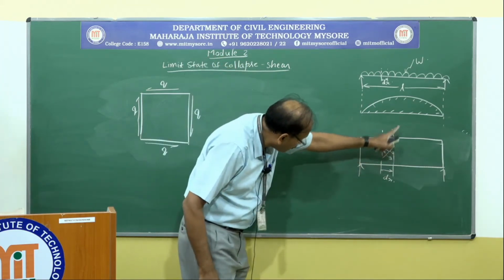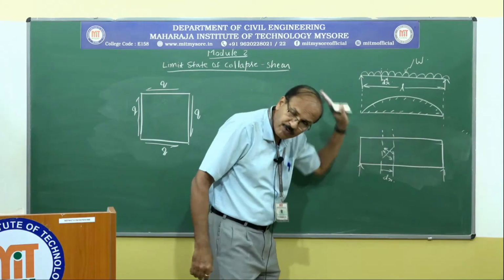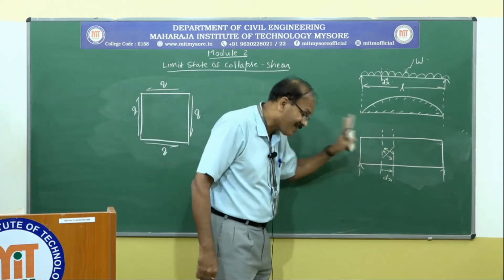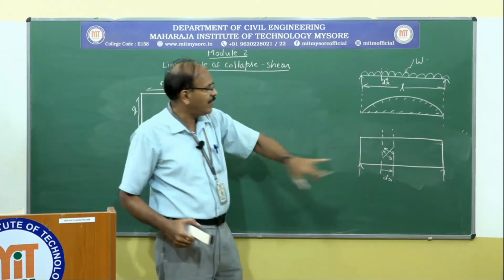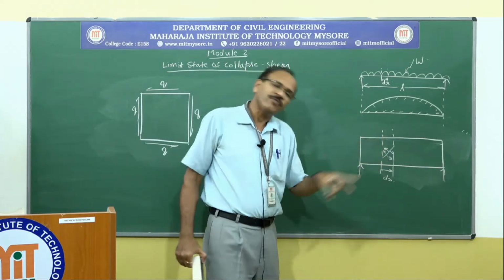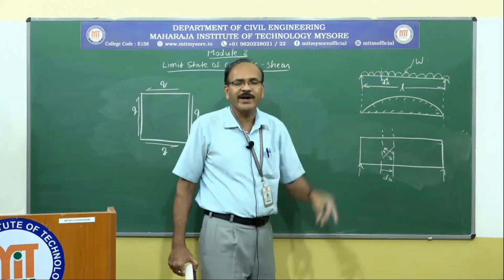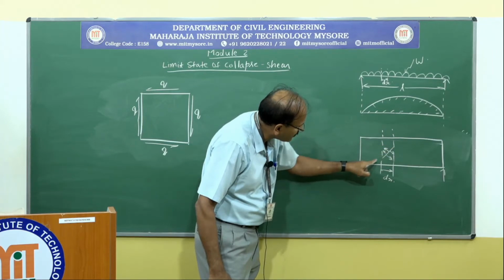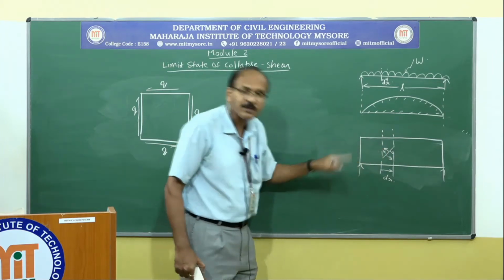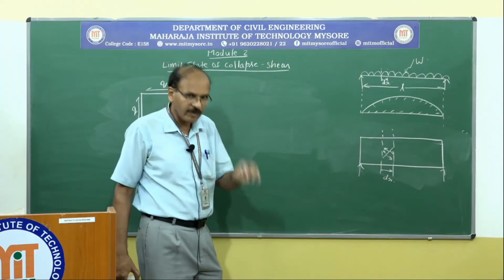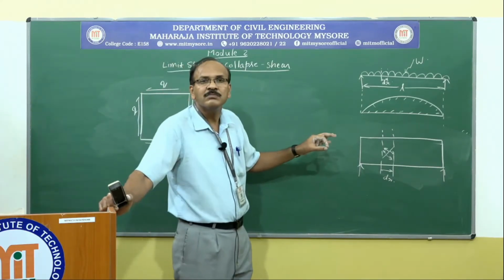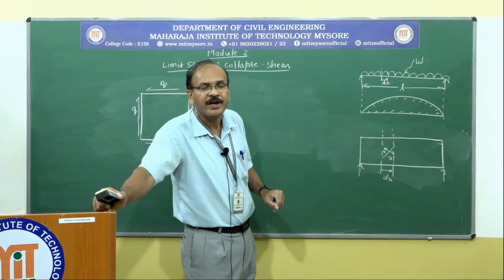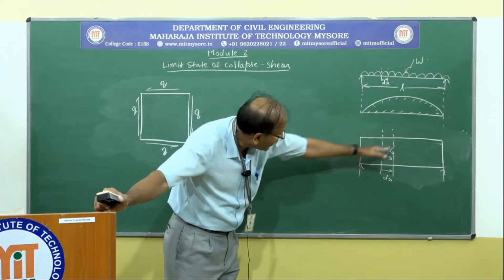Okay, if you assume this pure concrete beam, if you keep loading this, and if you are forcing that beam to fail, not in bending but in shear, so we can make it fail due to shear by adjusting the loads. Then it is going to fail along this. That's why you see diagonal cracks here. Those are shear failures. So when you subject a concrete beam into shear stress, it always fails due to diagonal tension.